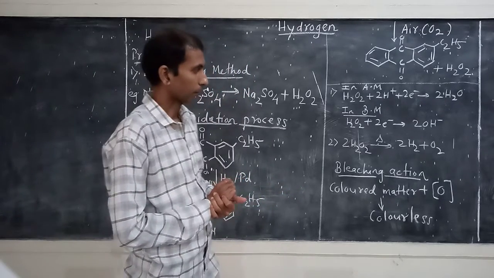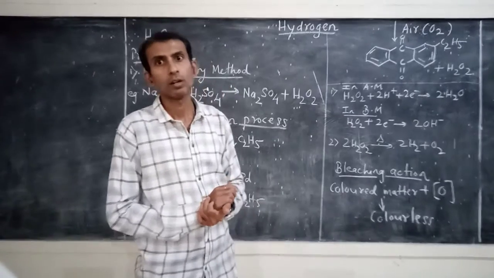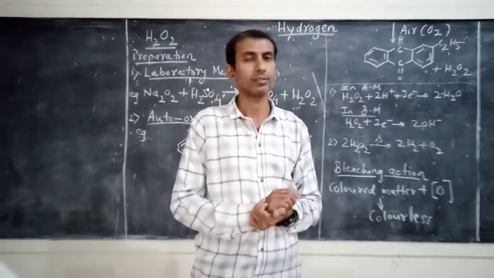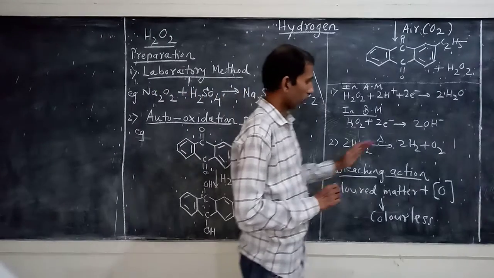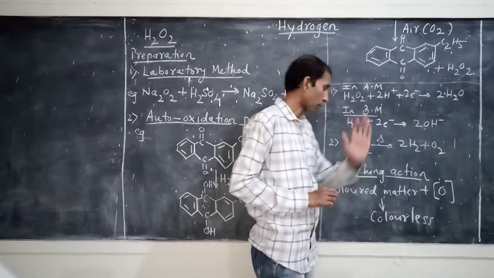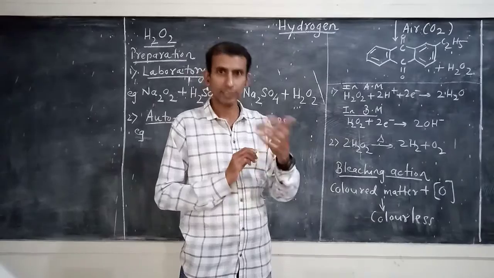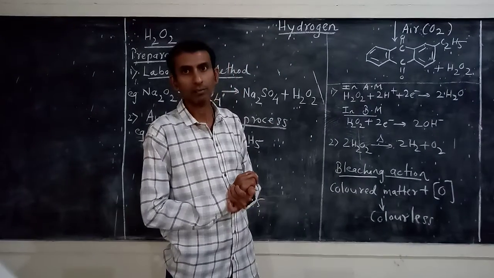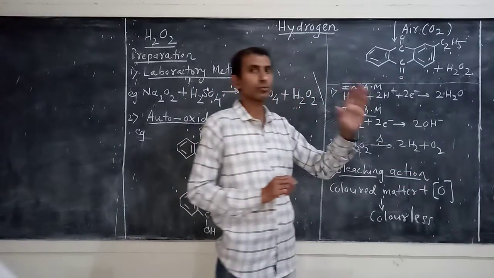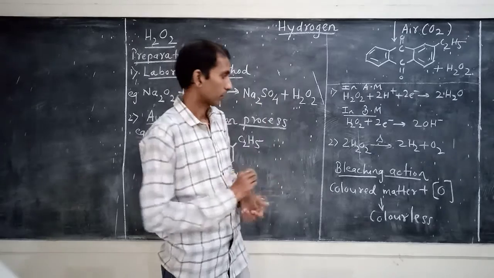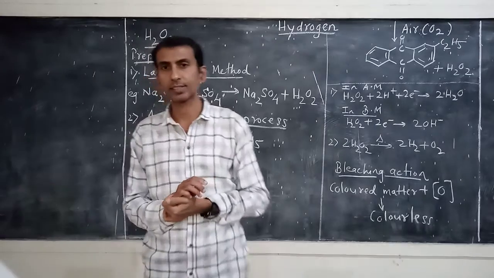Now what is the bleaching action? Hydrogen peroxide has a very clear tendency to produce nascent oxygen. Nascent oxygen means what? Atomic oxygen. So once we get the nascent oxygen from hydrogen peroxide, it can react with the colored matter, any colored vegetable matter, okay, or any colored fiber or fabric matter. This nascent oxygen produced from hydrogen peroxide will react with the colored matter, and that colored matter will be decolorized.